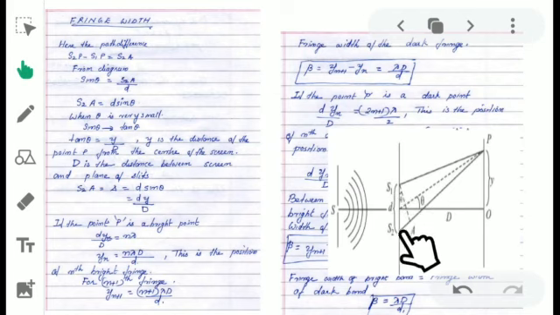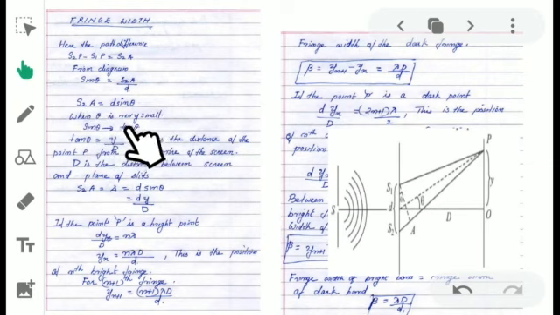Sin theta is equal to S2A divided by S1S2, because this angle is 90 degrees, so S1S2 is the hypotenuse. So sin theta is equal to S2A by d, where S1S2 is the distance I told you, small d. That is, S2A is equal to d sin theta.